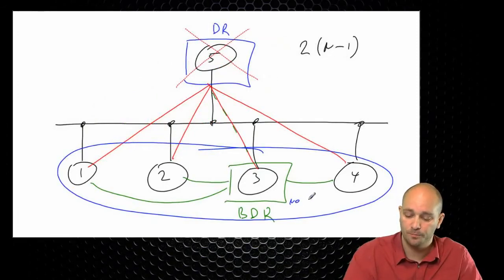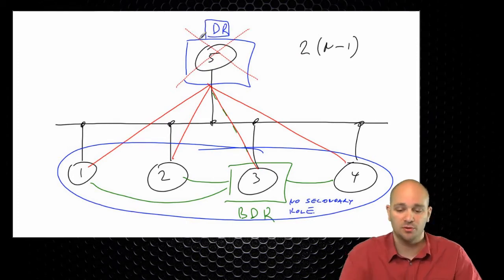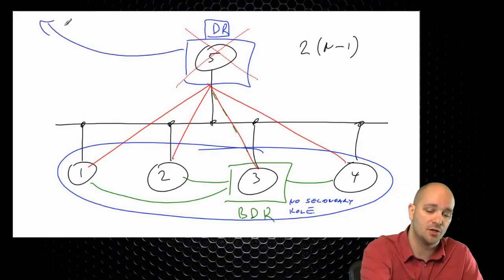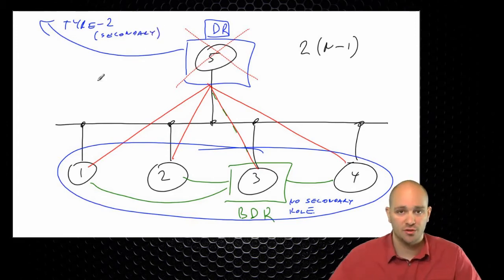So I'm just going to write this down. The DR is the only router who is responsible for informing the others using type 2 LSA about the arrangement on the segment.